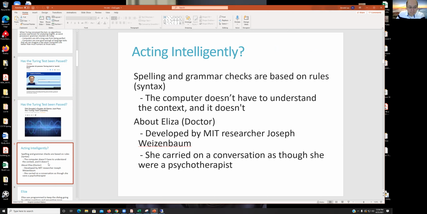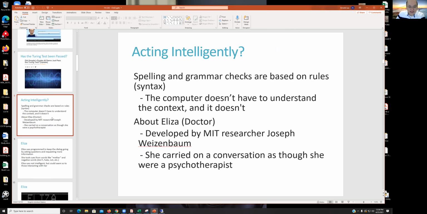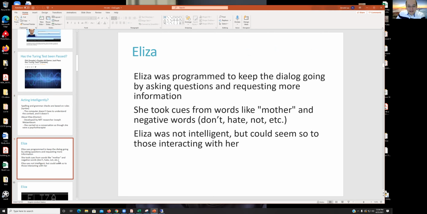Okay. Here's another one. This is back in the early days when things were done on the mainframe and more like text-based screens. There was a computer program called ELIZA, developed over at MIT, and you would have a conversation back and forth with it.